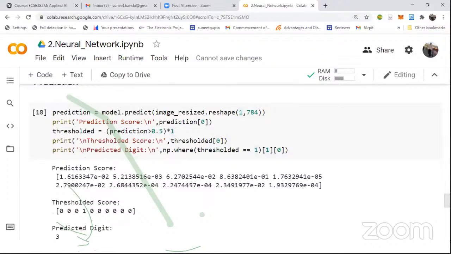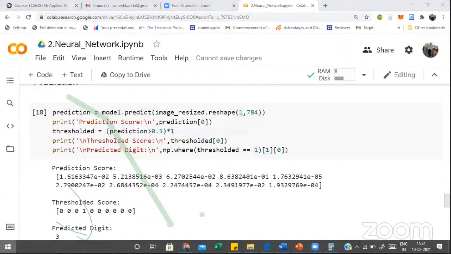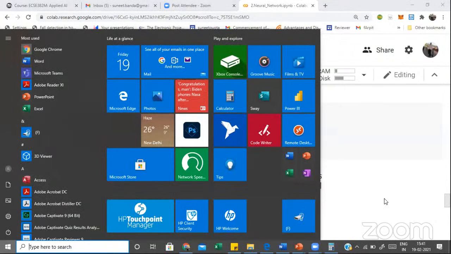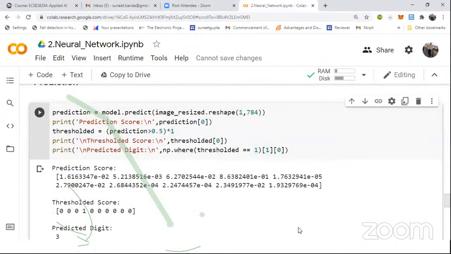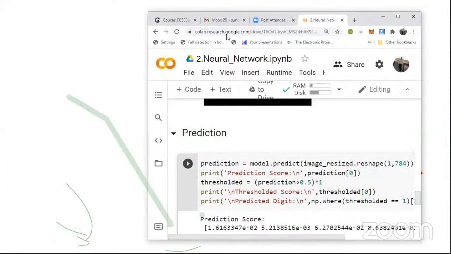I will suggest a couple of changes in this cell and it will work fine. Anyone who is getting the error or having any kind of questions or doubts, simply write in the chat window so that I will cover that.